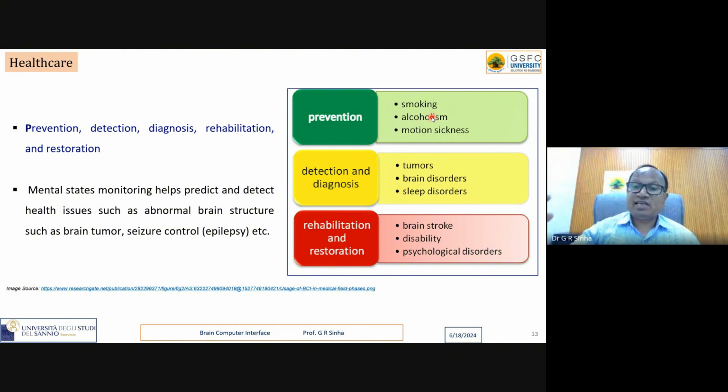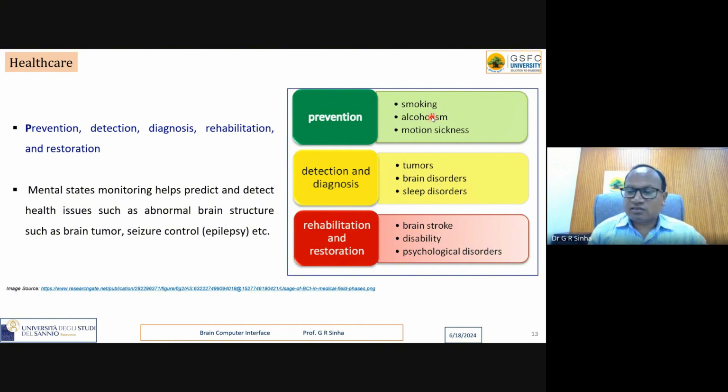For a healthy person, what is the nature of sleep and brain signal? For a person who is not healthy, who is in tremendous stress or undergoing anxiety, what kind of sleep quality appears in terms of brain signal? This is how sleep disorder can be detected and diagnosed.